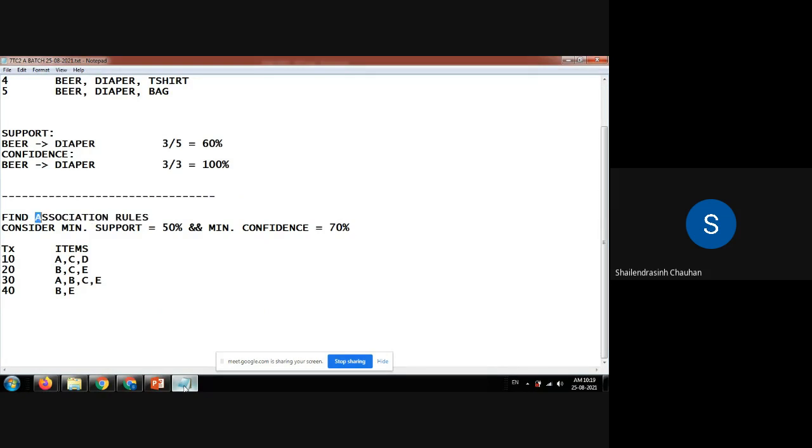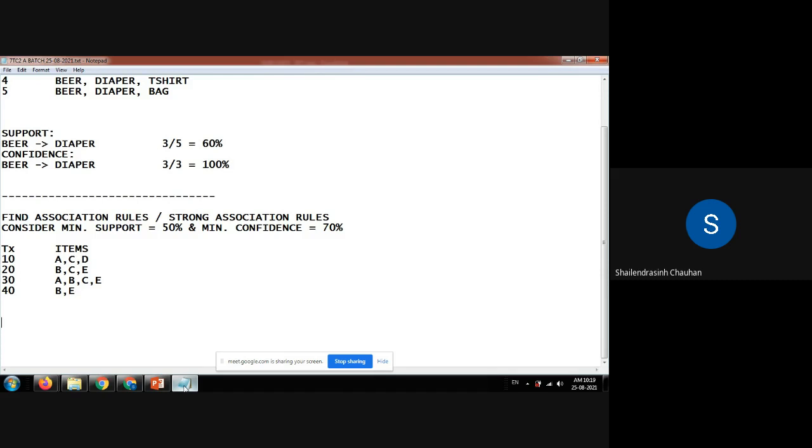If they're asking you to find association rules, you need to find all rules. Or they can also ask to find strong association rules. Then you need to consider this criteria and find the rules which are fulfilling it.